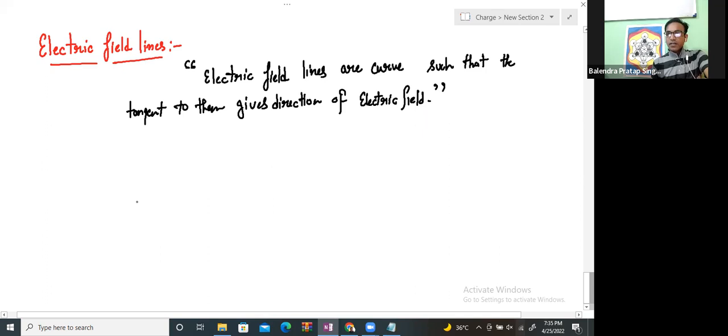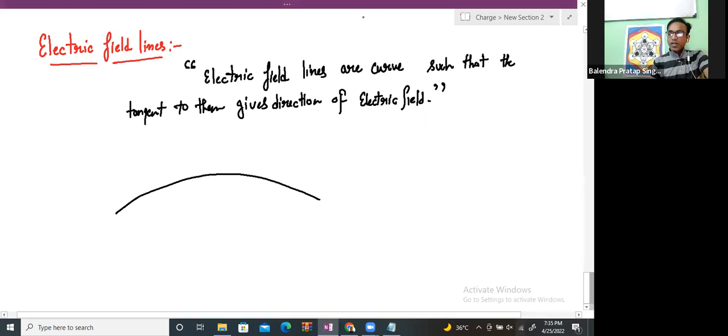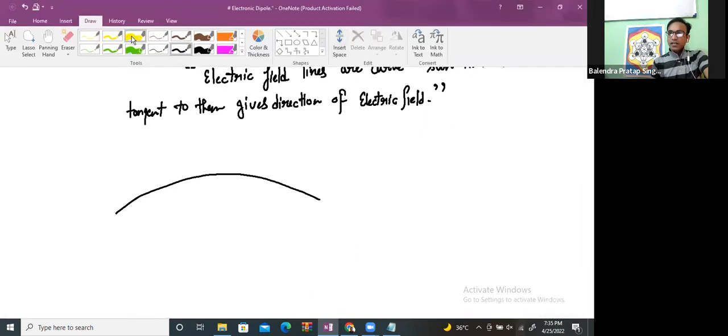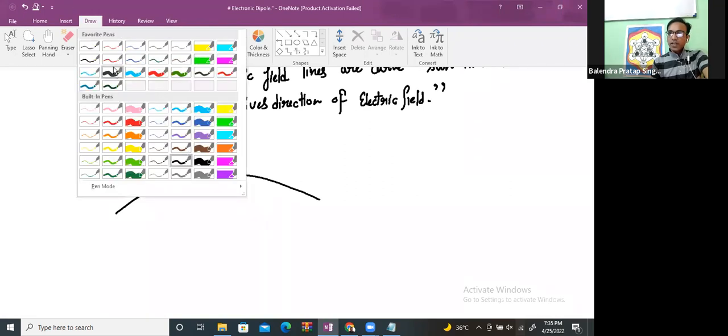So suppose I draw a curve; this is an electric field line. On this curve, suppose I draw a tangent somewhere here.